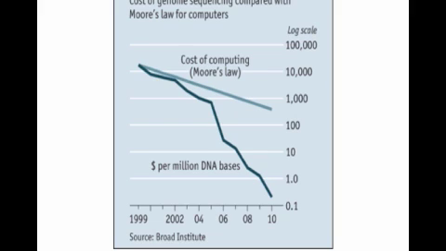Gordon Moore from Intel came up with this law that predicted that the cost of computing, disk storage, or CPU processor time would decrease exponentially over time. And the cost of sequencing has decreased even more than that. This is why DNA sequencing is now used for all sorts of purposes that it wasn't even used for 5 years ago.